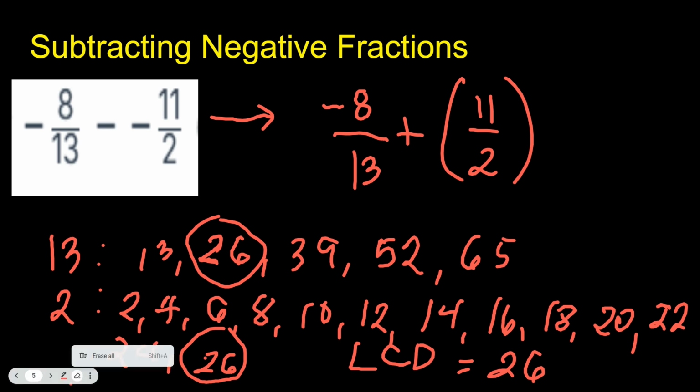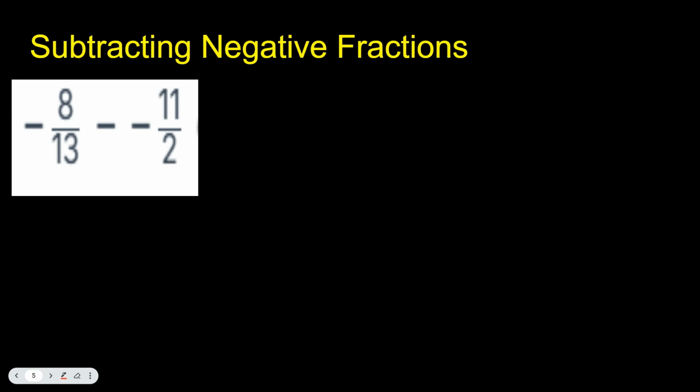Now, since we have our LCD, the next step is to rewrite both negative 8 over 13 and 11 over 2. We'll start with negative 8 over 13.